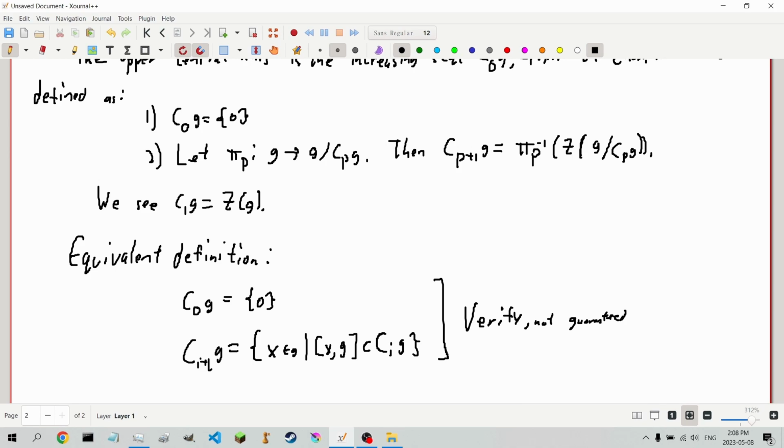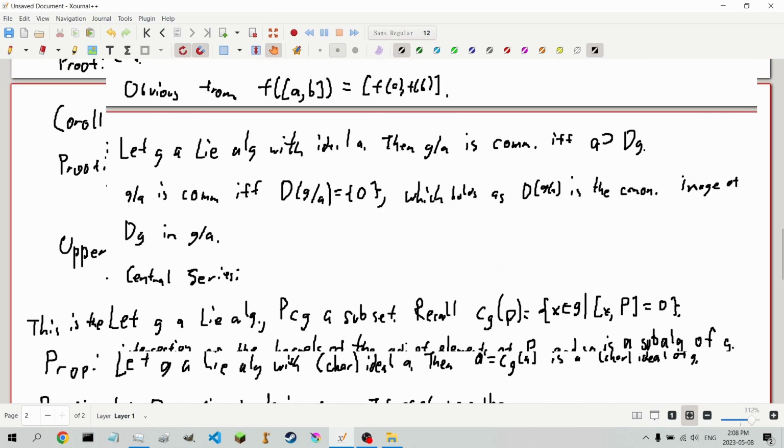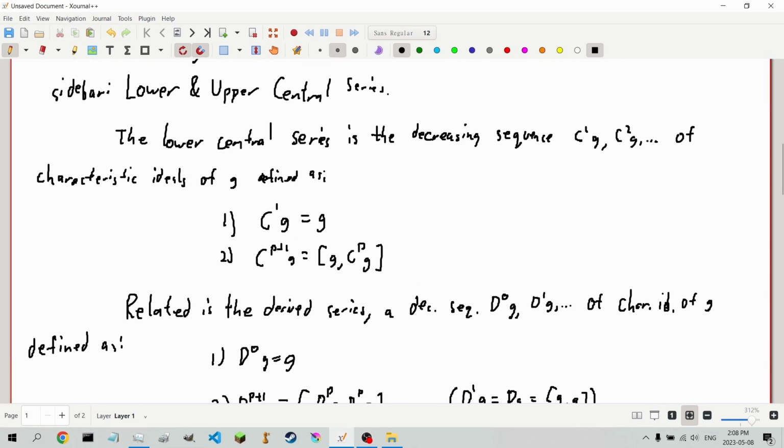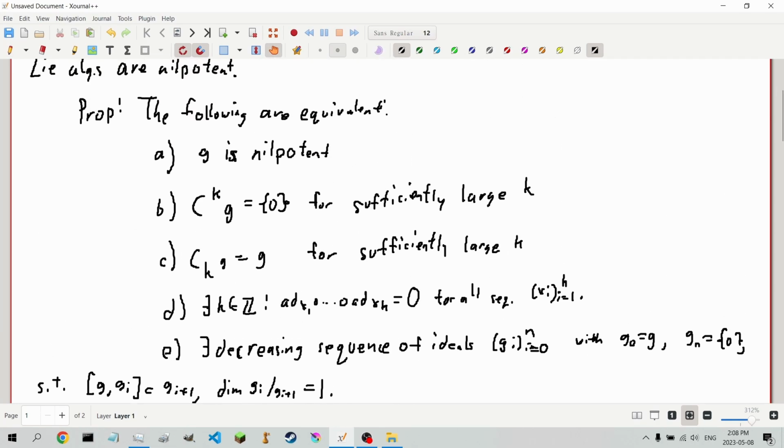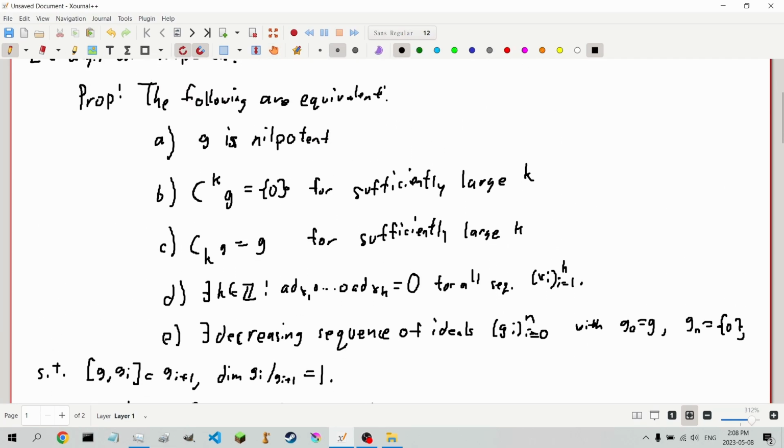Alright, so now let's go back to our discussion of the definition of nilpotency. So we have here five equivalent definitions. You can have it as saying that G is nilpotent, a very easy definition.